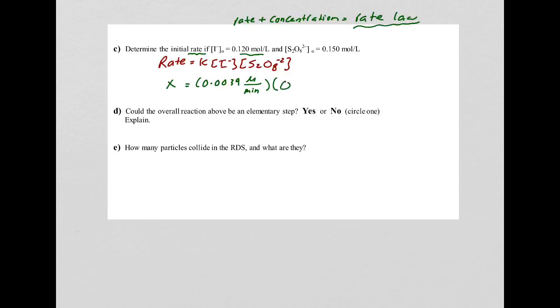Concentration of I is 0.120 molar. Times S2O8 minus 2 is 0.15 molar. Okay. Are we good so far?